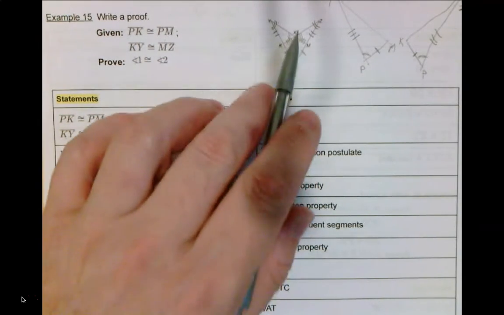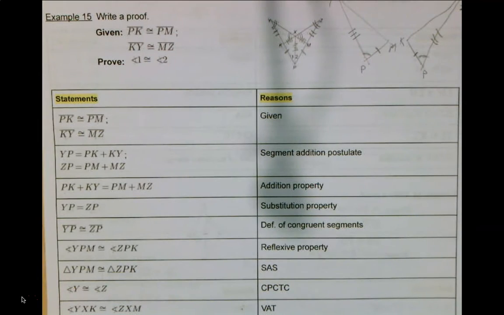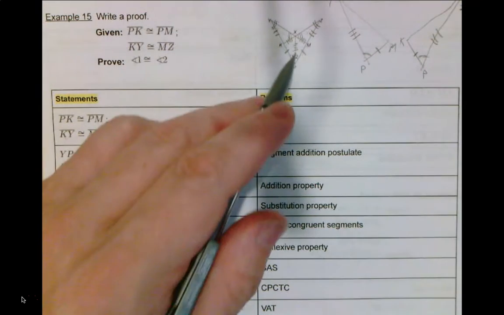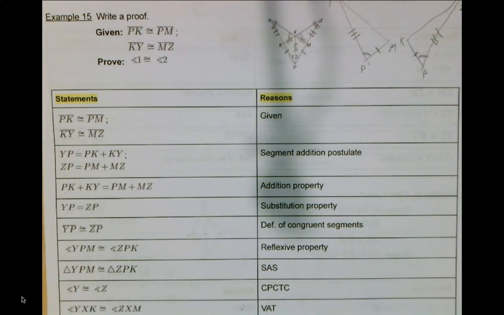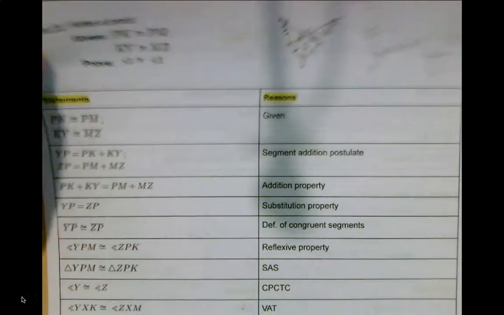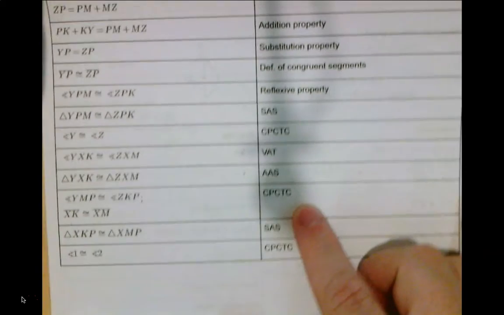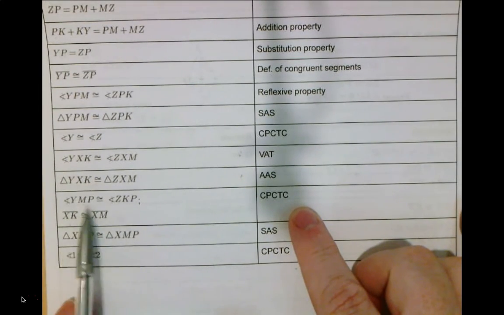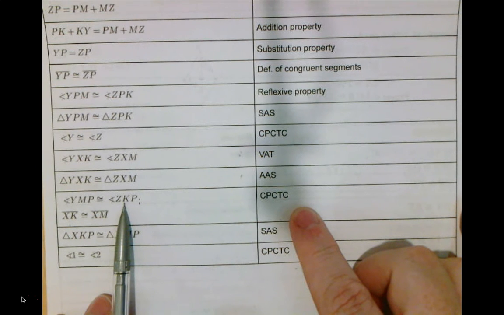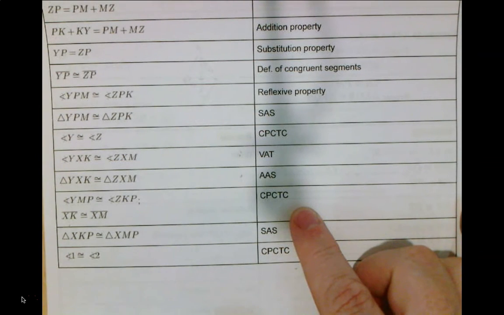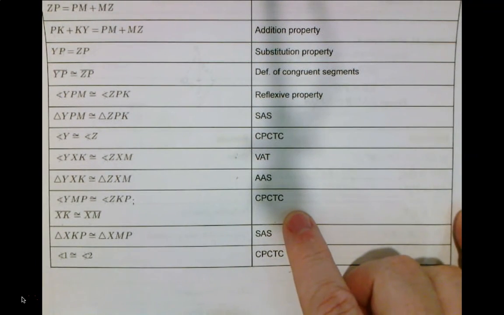I don't use the XP reflexive. So the way I wrote it and marked it up in the diagram, instead of doing this, I would add in another line saying XP can go into XP by the reflexive property. It's still the same number of statements. Sorry. So instead of saying YMP can go into ZKP, we would say XP can go into itself by reflexive property. It doesn't matter which of these two ways you go.